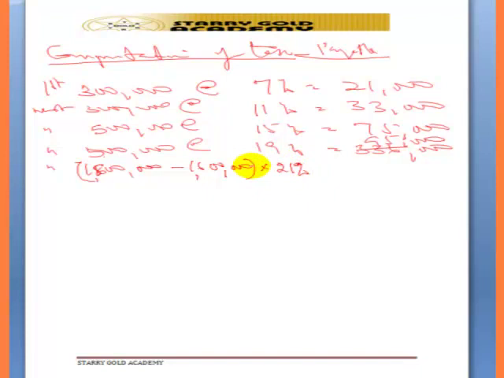So 1,800,000 minus 1,600,000 is equal to 200,000. Then multiply by 21% is 42,000.